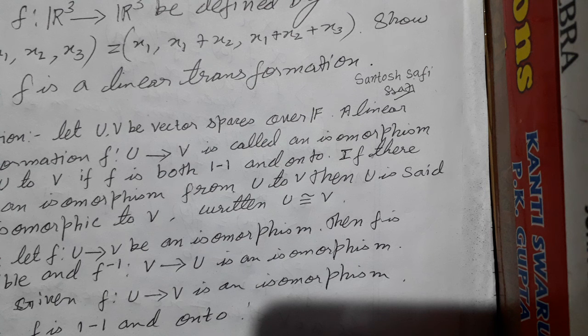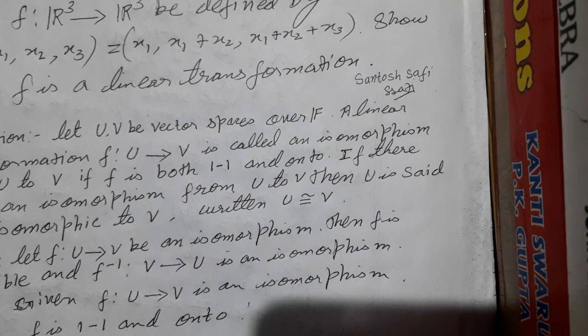Now if there exists at least one map from U to V which is an isomorphism, then we say that U is isomorphic to V. So that was the definition. First of all, f should be a vector space homomorphism or linear transformation, and f should be 1-1 as well as onto.